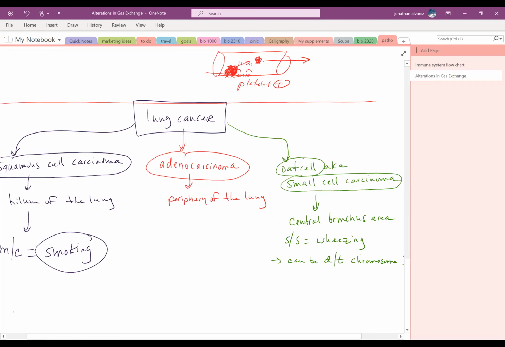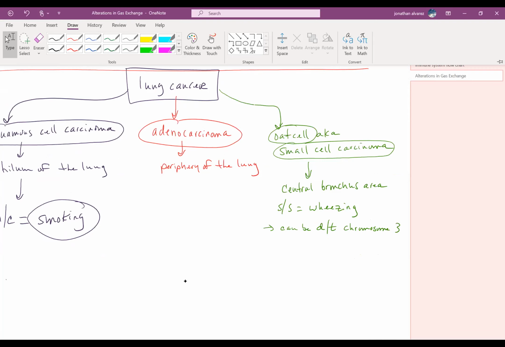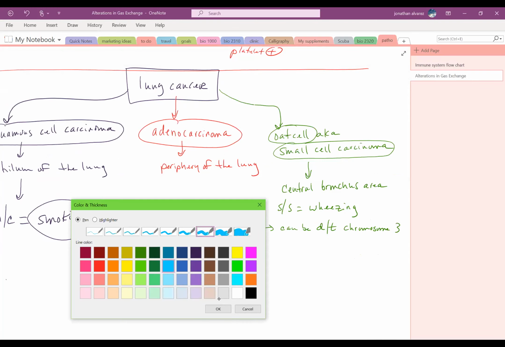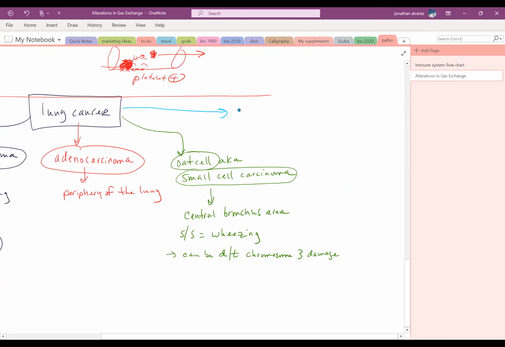And then you have large cell carcinoma. Now, once you start seeing things like large cell, small cell, oat cell, in the pathology world, one of the things pathologists do is look at tissue under a microscope.